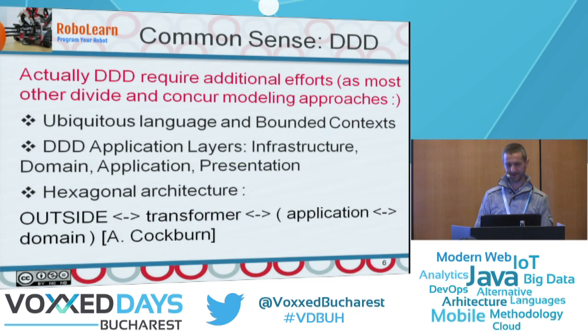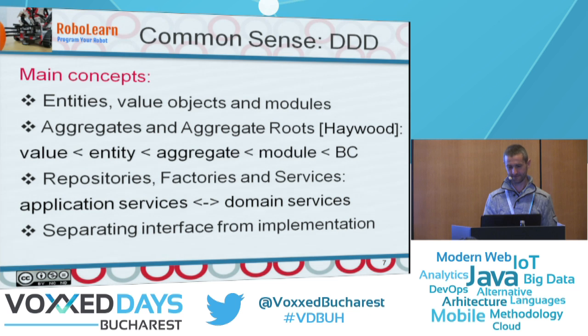Other artifacts in domain-driven design are entities, value objects, and modules. Here I actually didn't have any entity, because all the data is immutable and is processed stream-oriented through transformation of immutable objects.